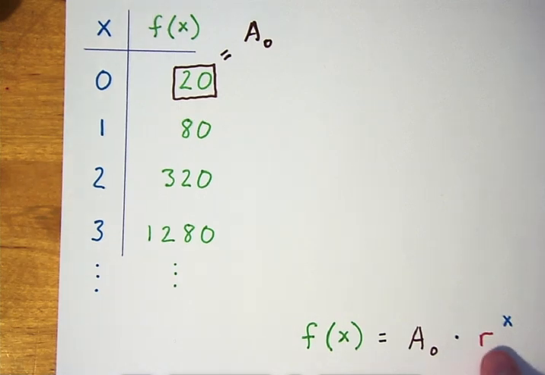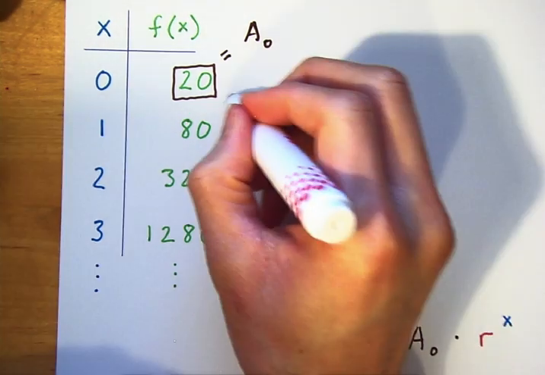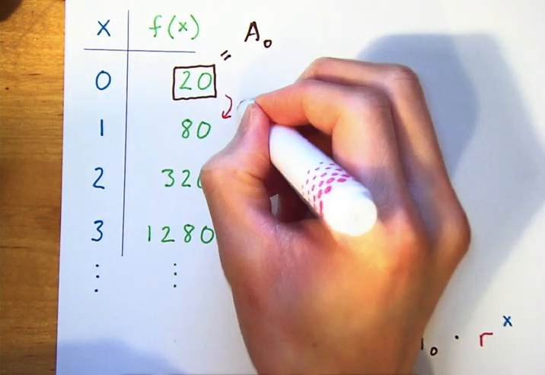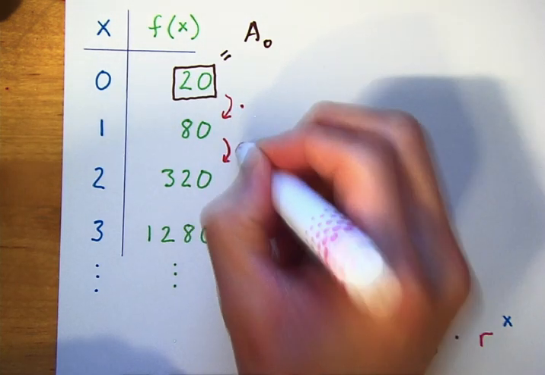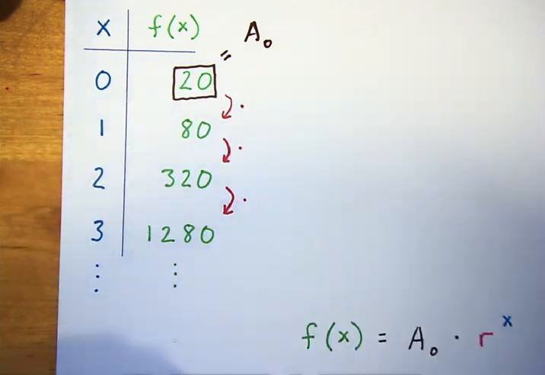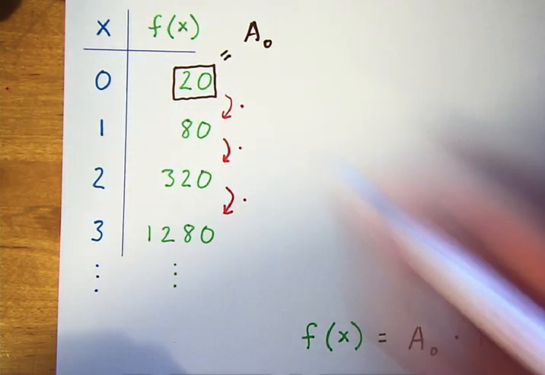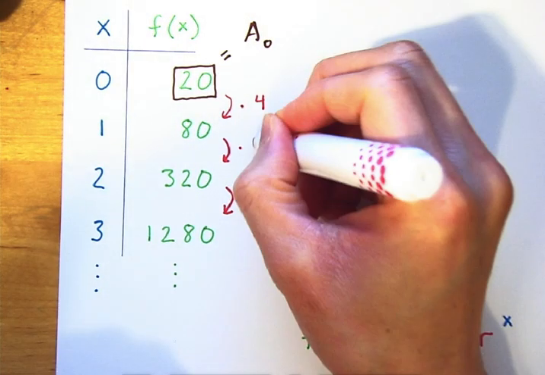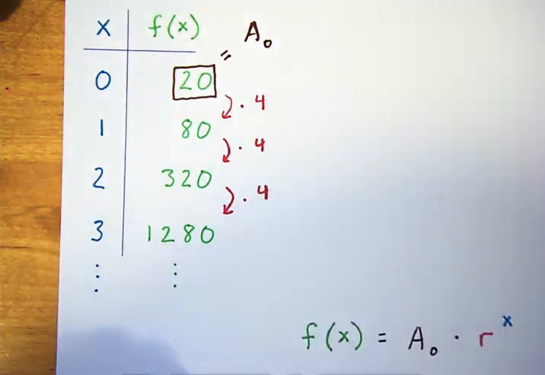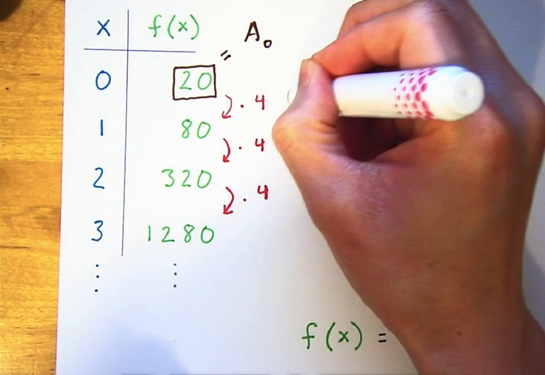Your r, or your ratio, is what number will you multiply in order to get the next number in your sequence. So this is times 4, times 4, times 4. So therefore your r is equal to 4.